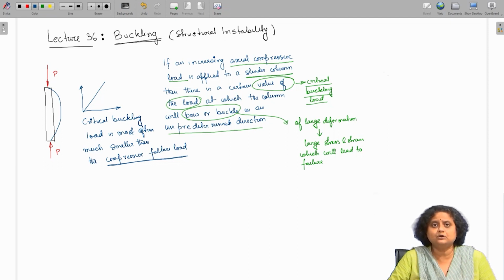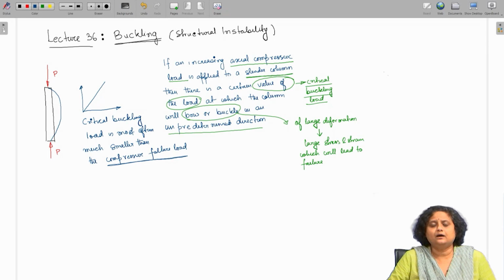For very stout columns, the compressive failure load is smaller than the buckling load, so before it fails in buckling, it will fail in compressive failure. But in a slender column, where the thickness by length ratio is very small, the buckling load is much lower than the compressive failure load, and the column will fail under buckling.